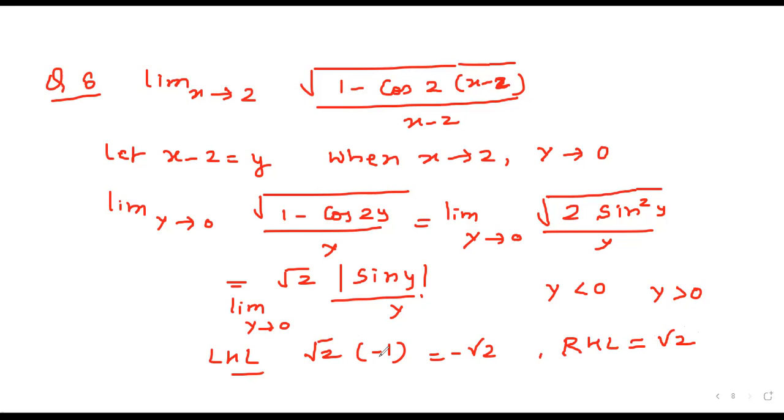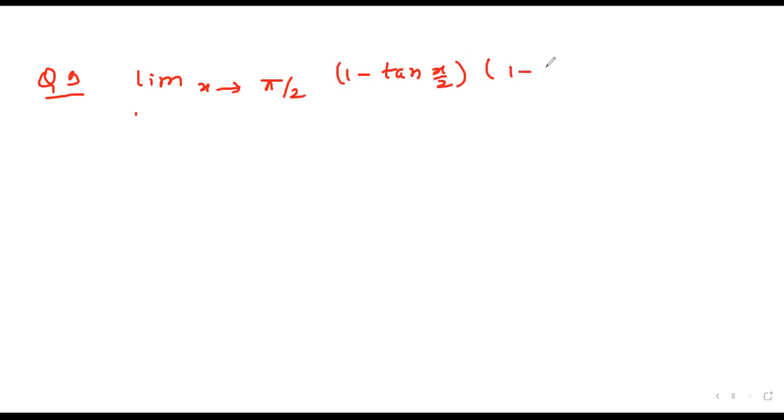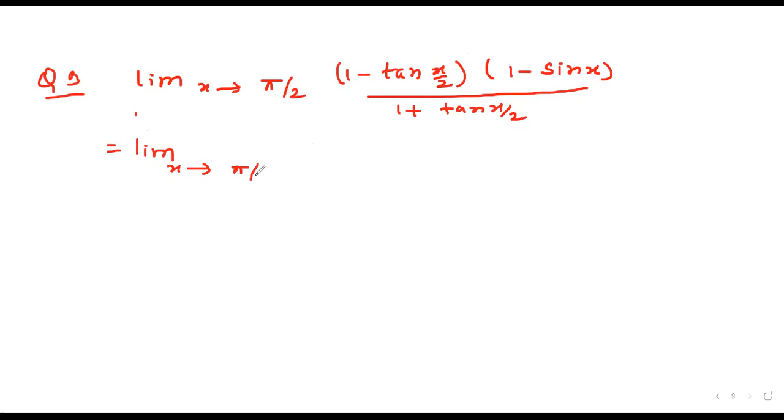Let's consider next question. Question number 9. Question number 9 says limit x tends to pi by 2, 1 minus tan x by 2 times 1 minus sine x divided by 1 plus tan x by 2, which can be written as limit x tends to pi by 2.